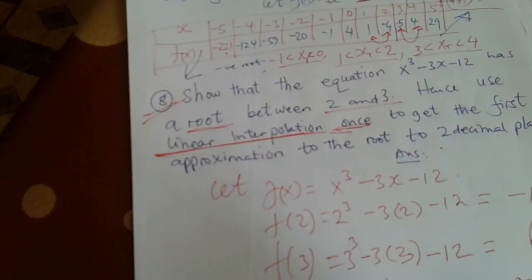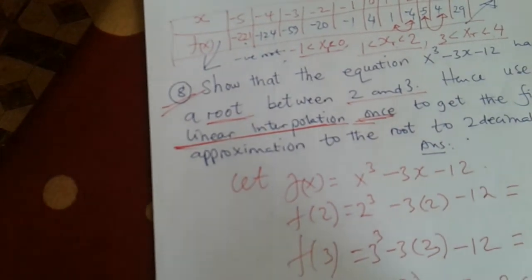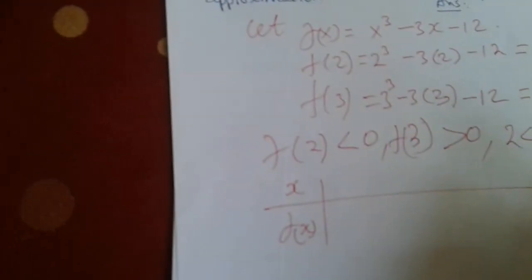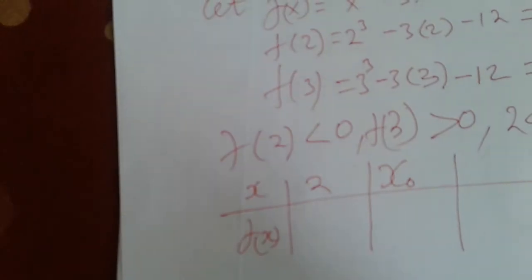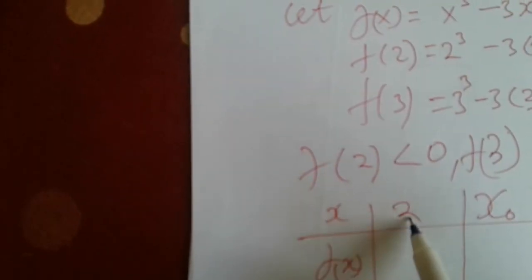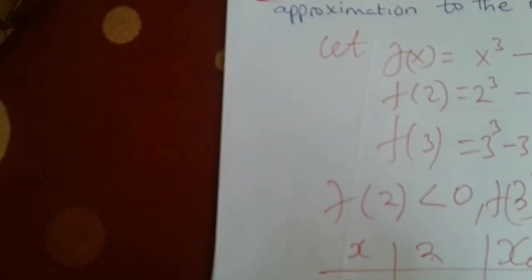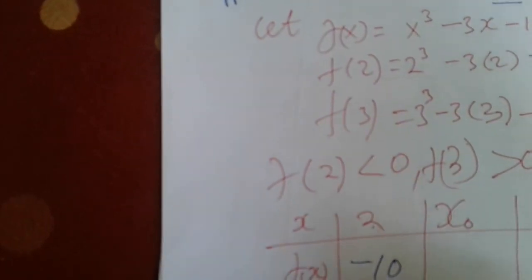It means we shall have to draw a table of outputs from 2, and we say the root lies between 2 and 3. Let us call it x0, then 3. We know that x equal to 2 gives our value of f of x as -10, then at 3, 6.